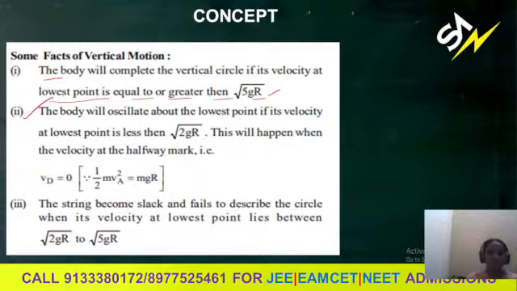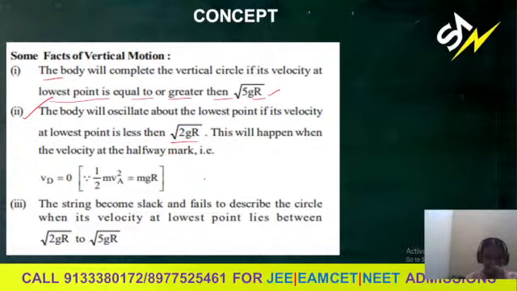Next, the body will oscillate about the lowest point if its velocity at the lowest point is less than root 2gr.